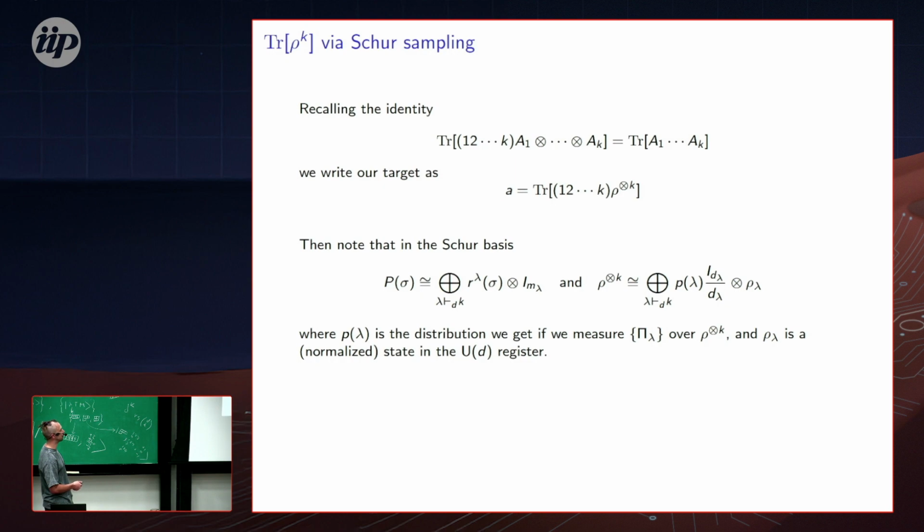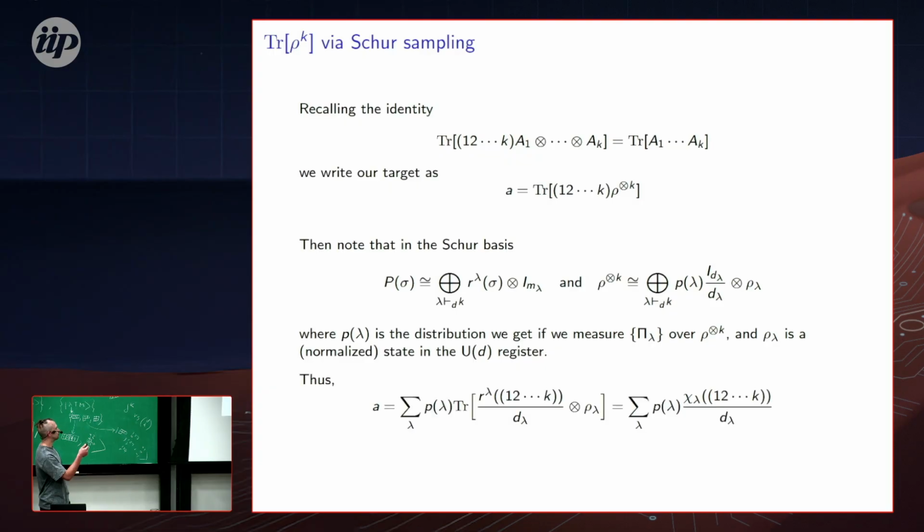So in the register where permutations act, it will be maximally mixed, and on the other register, it may be something non-trivial. So rho tensor k looks like maximally mixed tensor another state, and this is a probability distribution. That is the probability distribution, literally the one that you get when you Schur sample.